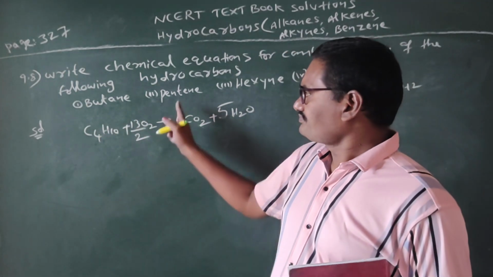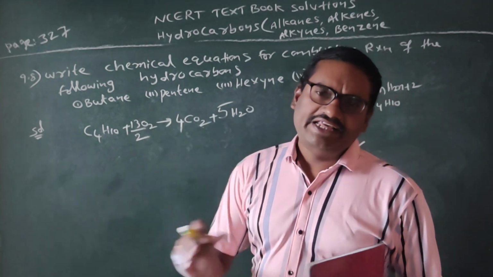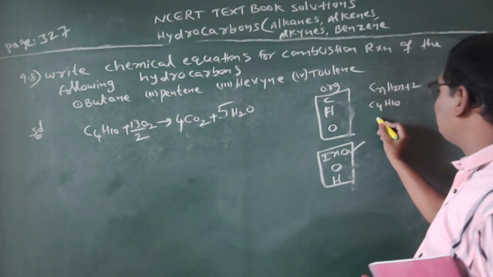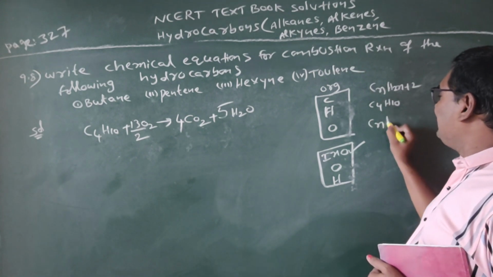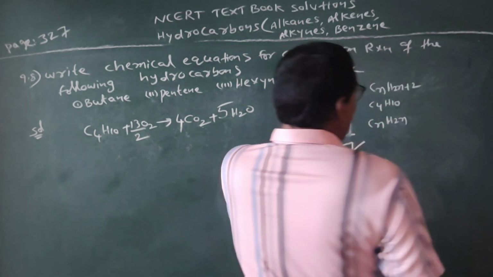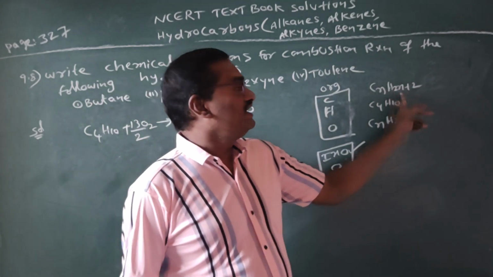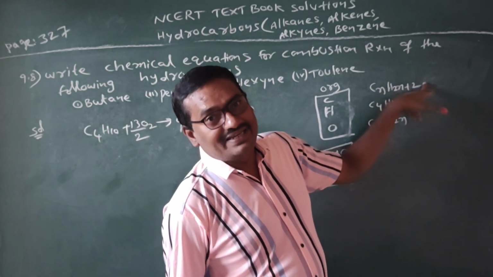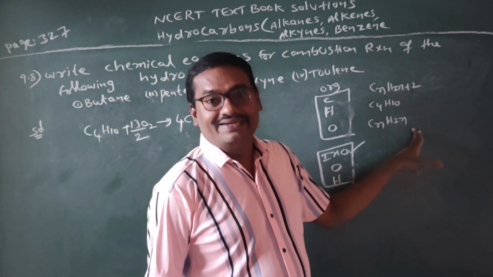Next one, pentene. Pentene means 5 carbons. So alkene. Alkene general formula CnH2n. Alkane general formula is CnH2n plus 2. By removing 2 hydrogens from alkane, we will get alkene.